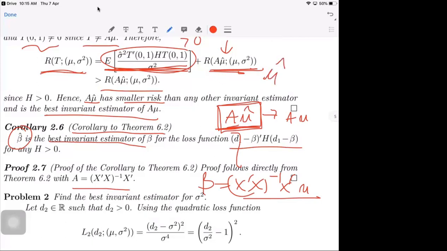Mu is only used when you are in the univariate case, but when we are dealing with vectors already, it is just one data set.